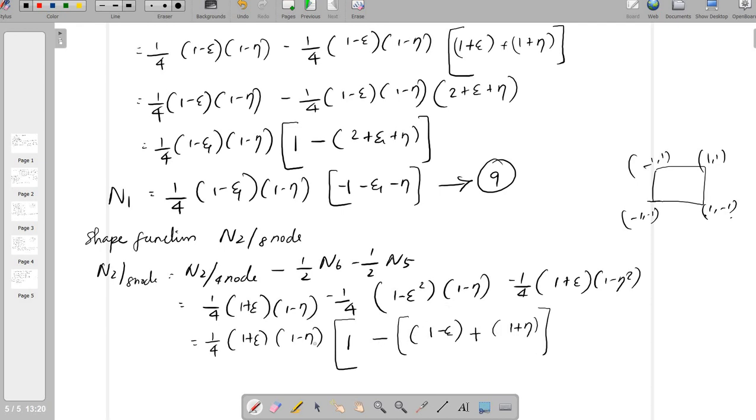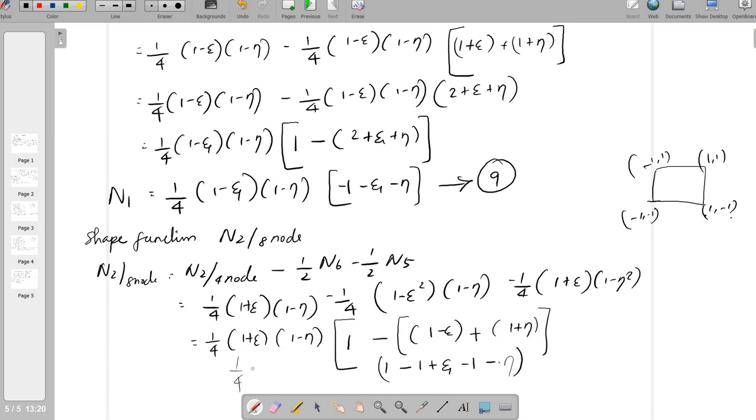So you have 1 plus epsilon, 1 minus eta. So 1 minus 1 plus epsilon minus 1 minus eta, so it is minus 2 plus 1. I think it is eta. It is eta only.